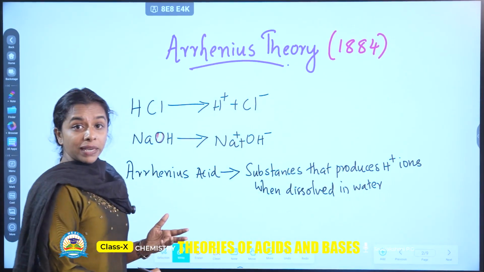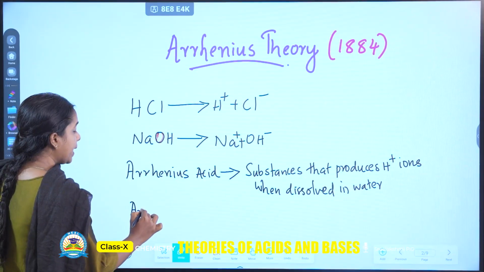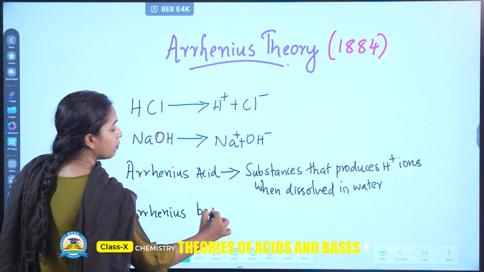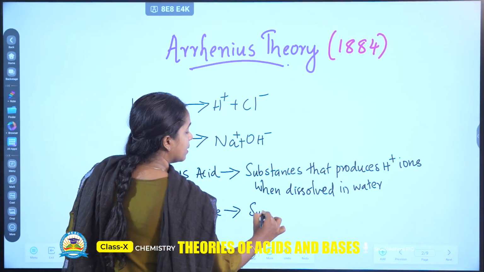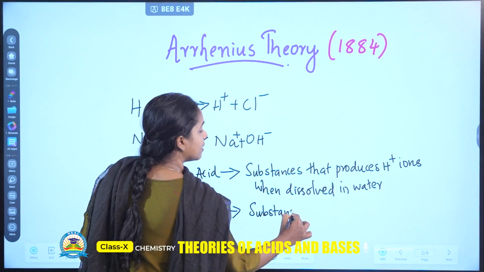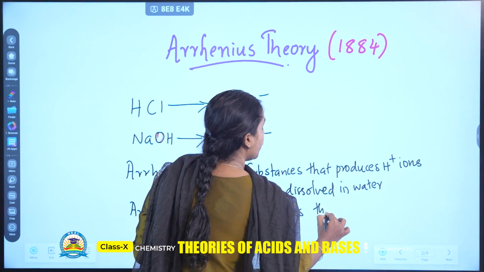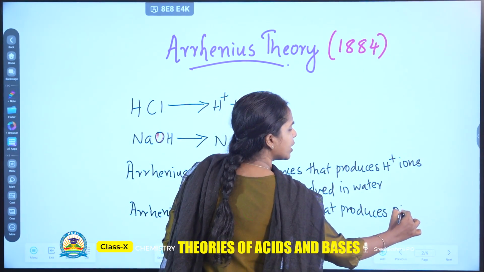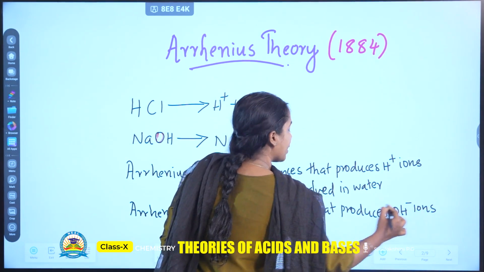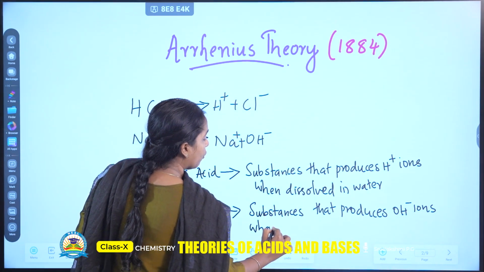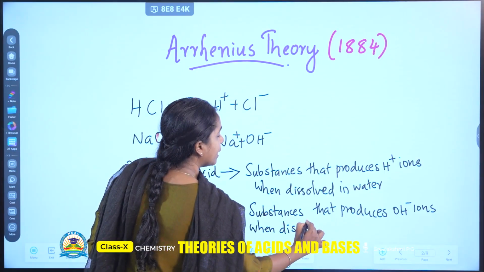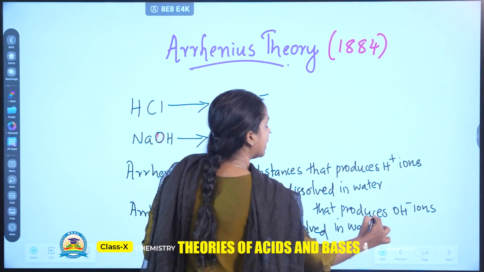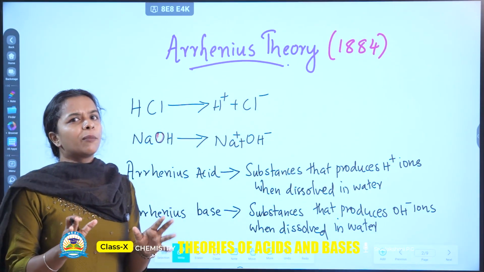And what about an Arrhenius base? Yes, for an Arrhenius base, we can say that the substances that produce OH-. What is OH-? Hydroxide ions when dissolved in water are known as Arrhenius bases. Okay, that is known as what? Arrhenius base.